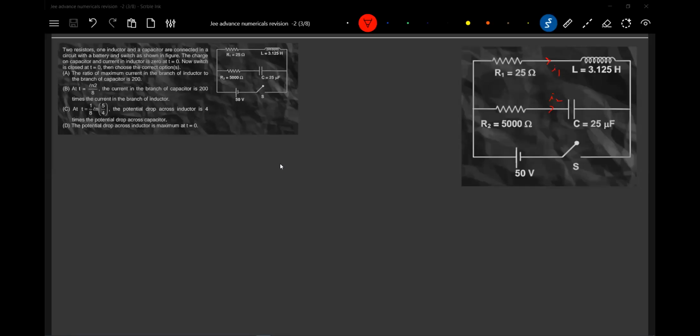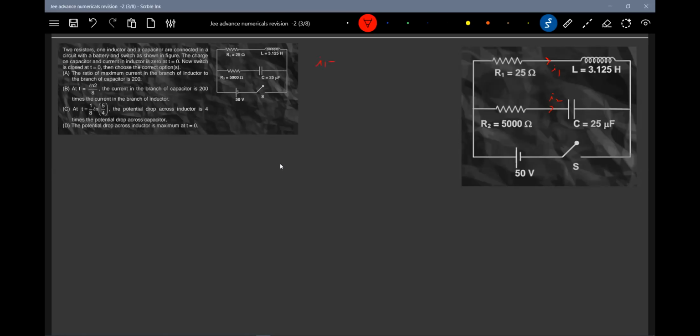Okay, so what is the expression for current I1? This should be equal to E by R1 times (1 minus e to the power of minus t R1 by L). Then I put t equal to infinity, it will be maximum. What is I1 max or I1 naught? This should be equal to E by R1, 50 by 25, 2 ampere.